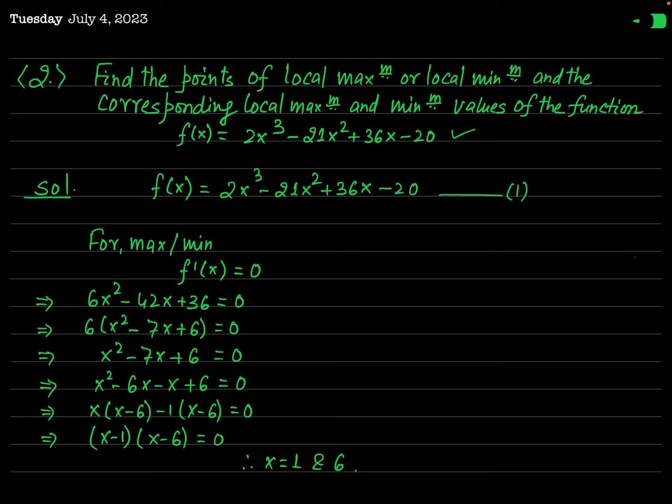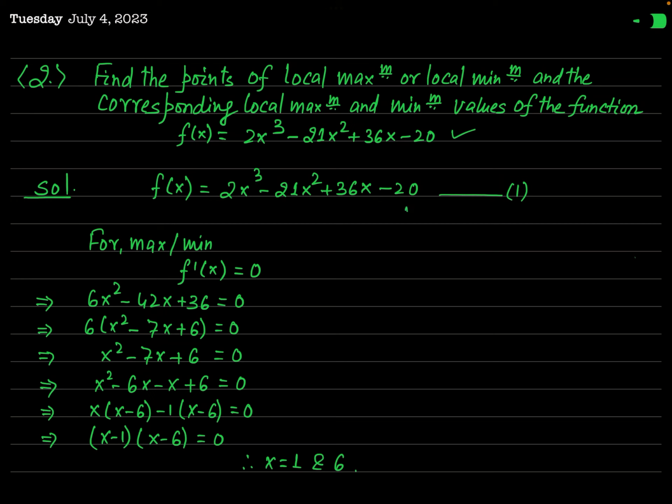Okay. Actually in this problem we have to find when our function will be maximum, when our function will be minimum, and we also have to find the maximum and minimum value of that function. Okay. And so definitely we have to look at the sign scheme in this problem.